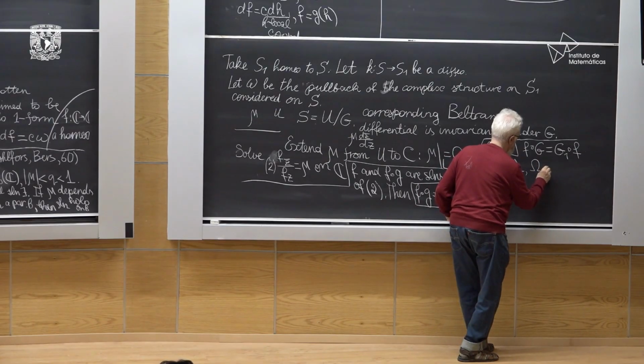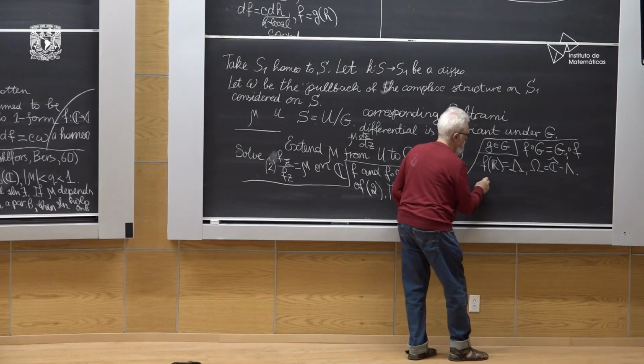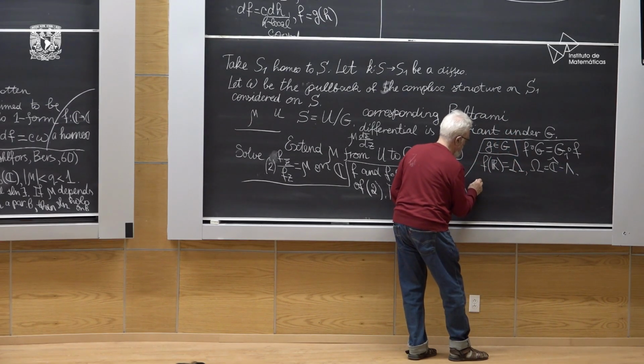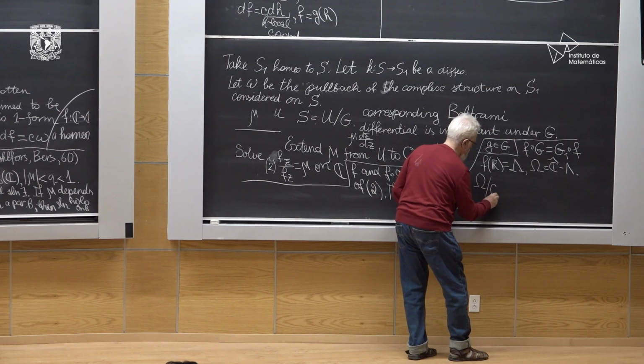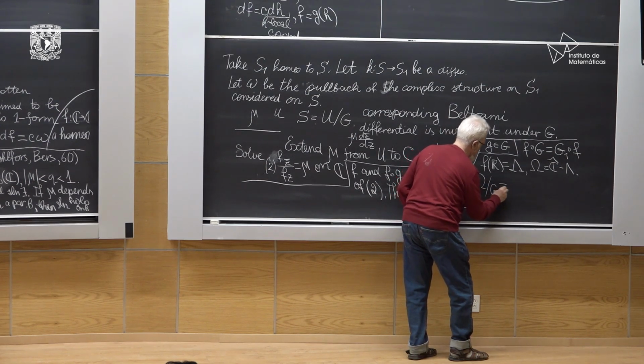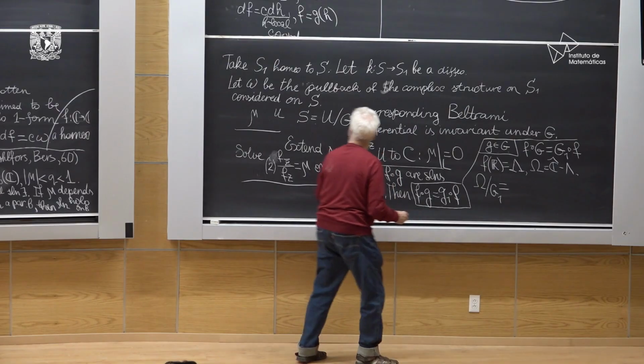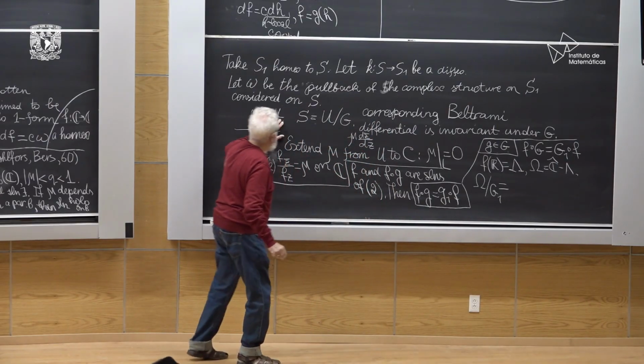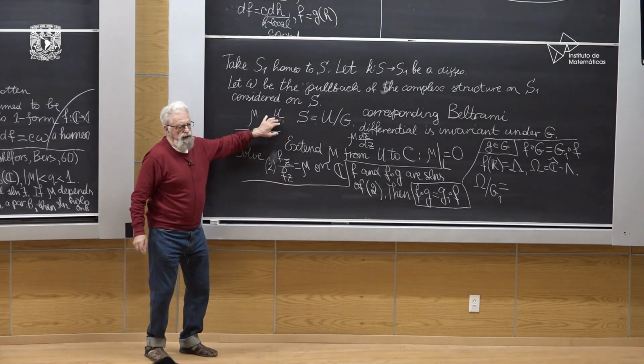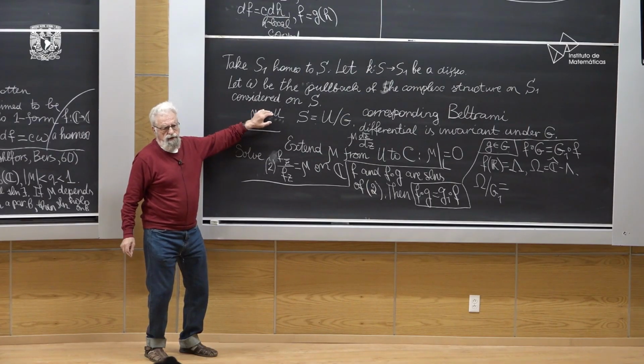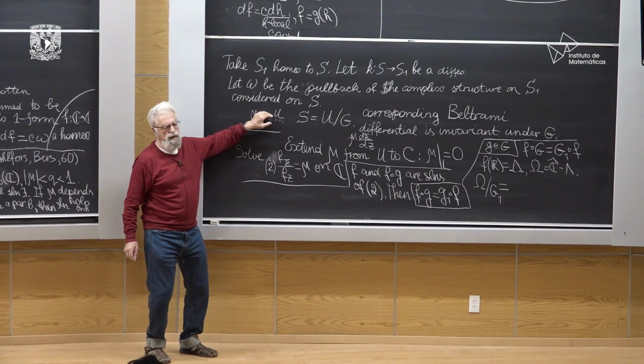Omega is the Riemann sphere minus lambda, and the factor space of omega over the group G1 is the following. In the upper half plane, we had the complex structure brought from S1.